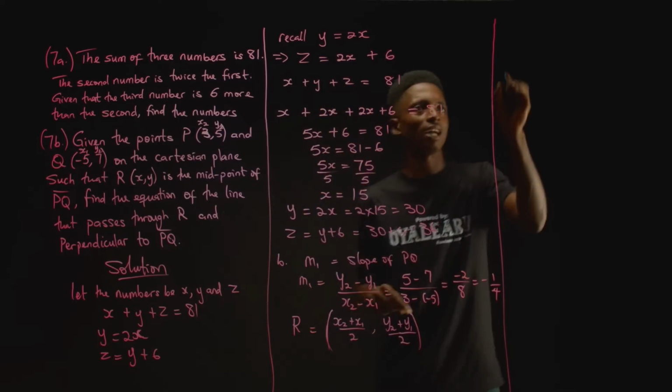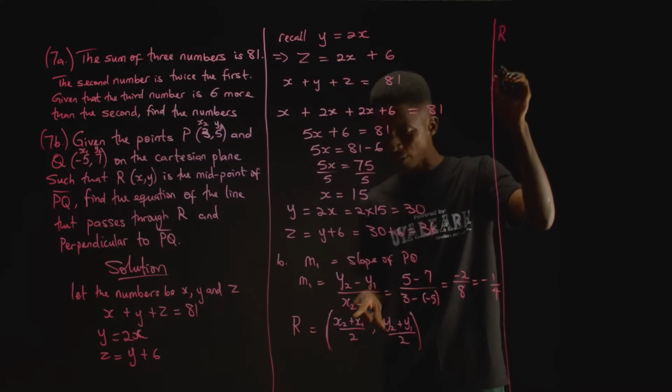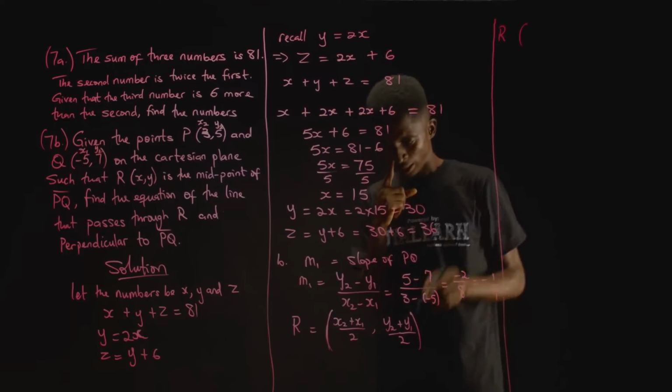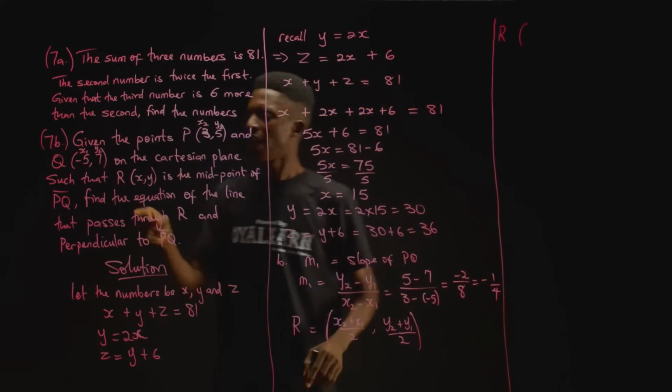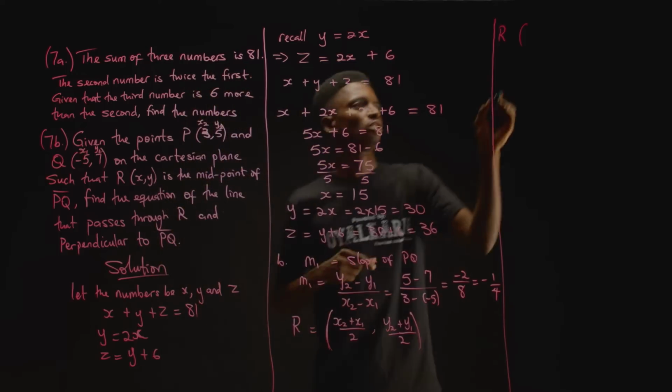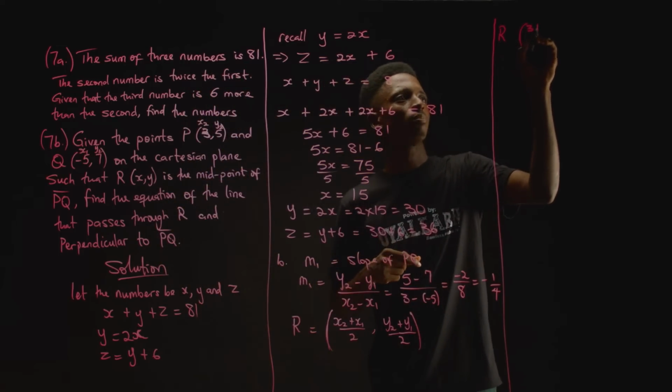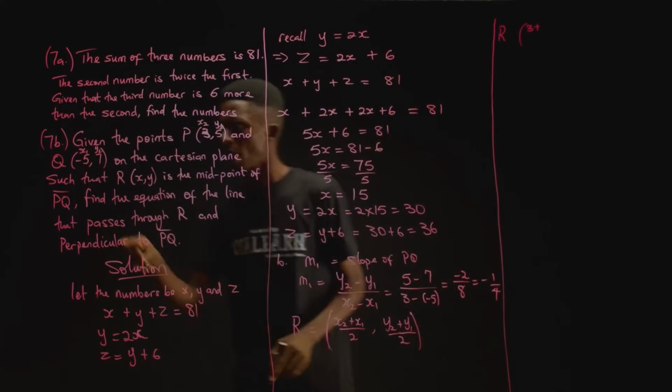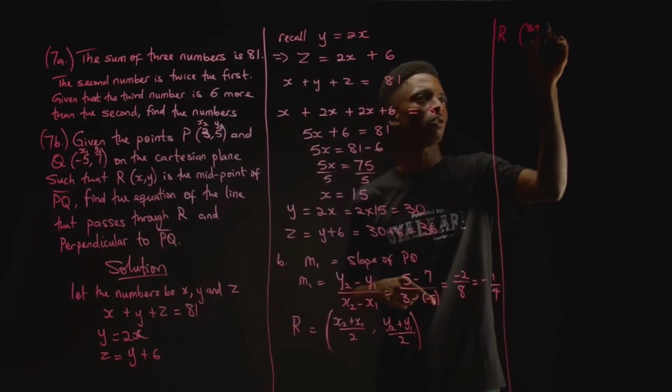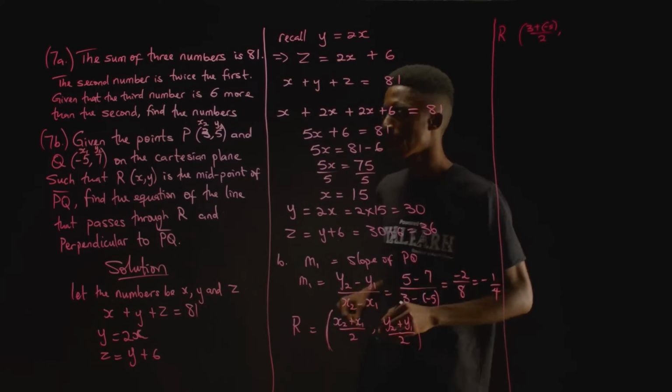So let's find our R then. R is given by, now what is x2? x2 is 3. So we're going to be having 3 plus x1, which is minus 5, so minus 5 over 2, comma.